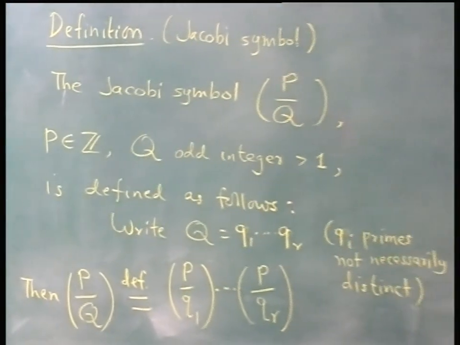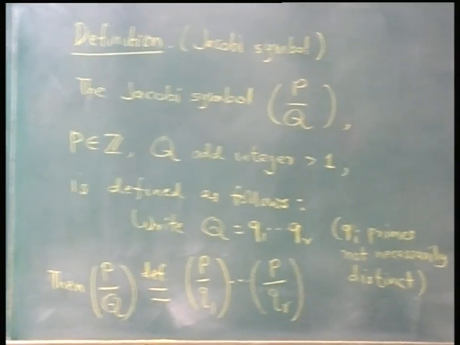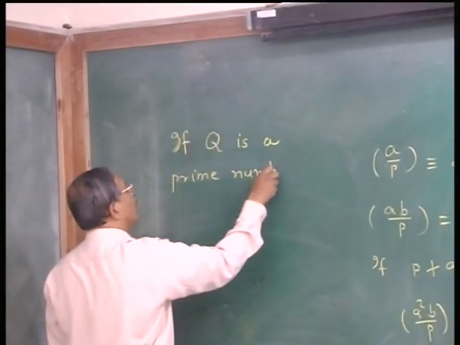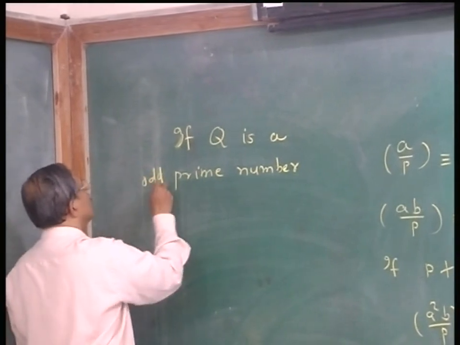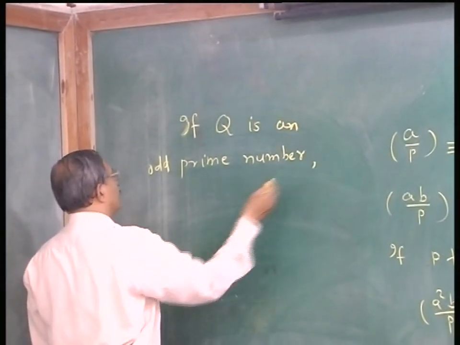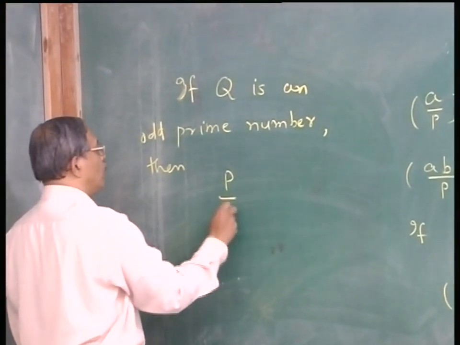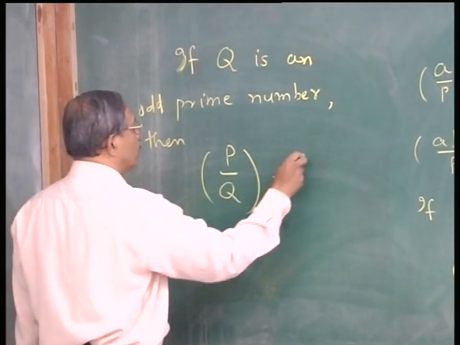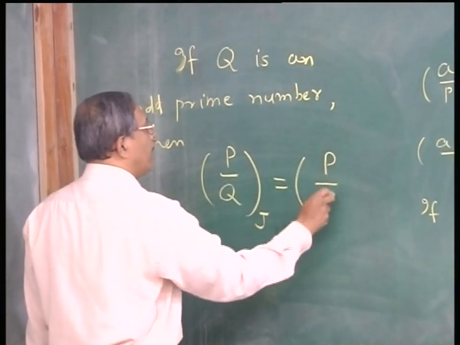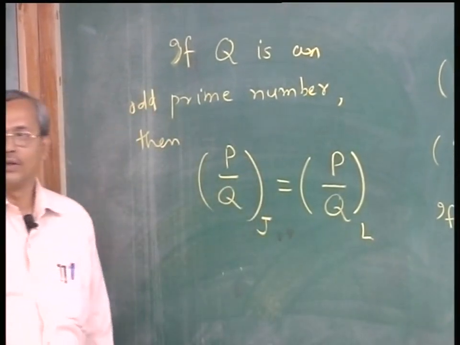So if Q is an odd prime number, then P by Q, Jacobi symbol, is equal to P by Q, Legendre symbol.